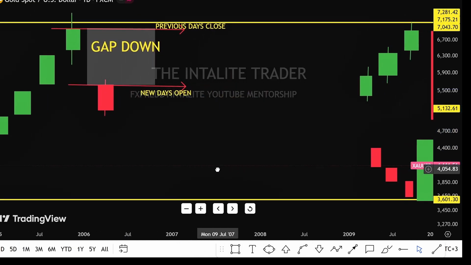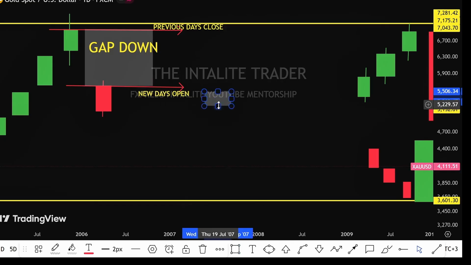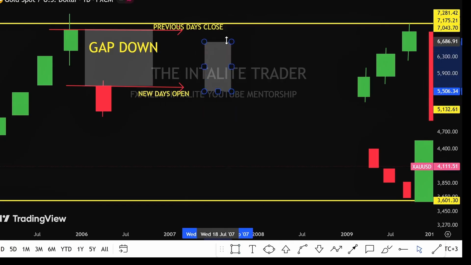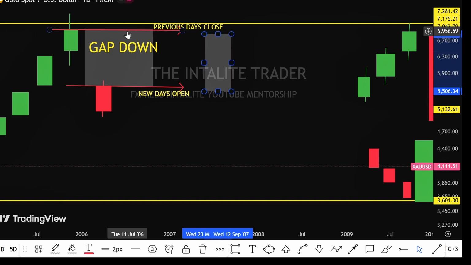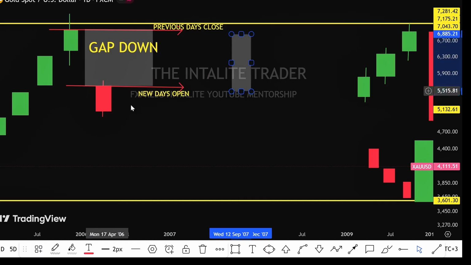At times, price will do what we call a gap fill. Gap fill is where price opens here and goes back and fills the gap such that the price balances.